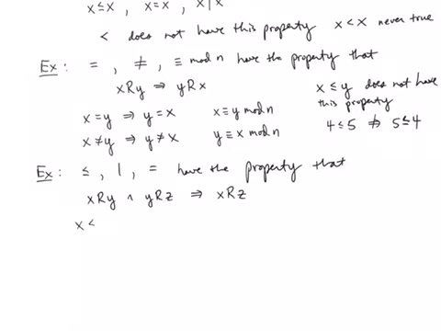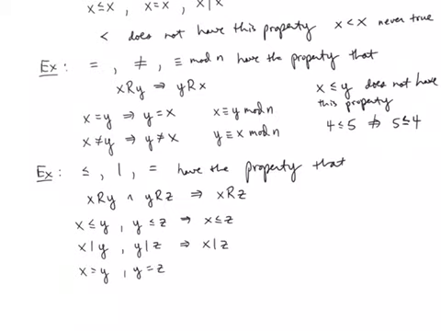So if we know that x is less than or equal to y and y is less than or equal to z, we know that implies that x is less than or equal to z. Or if x divides y, and so if x times something is y and y times something is z, then x times something is z. Just the product of the two somethings in the original two, so x divides z. And of course the easiest one is if x equals y and y equals z, then x equals z.